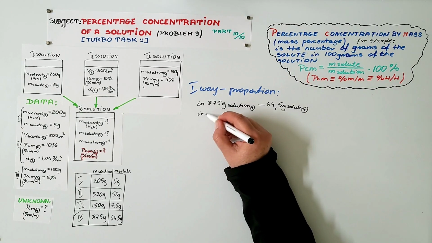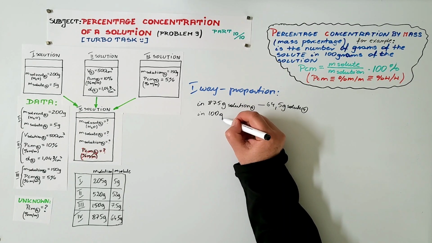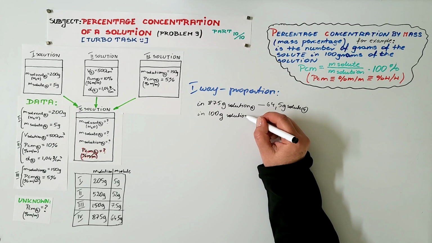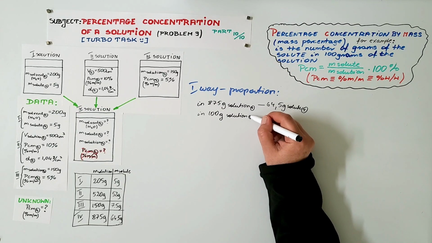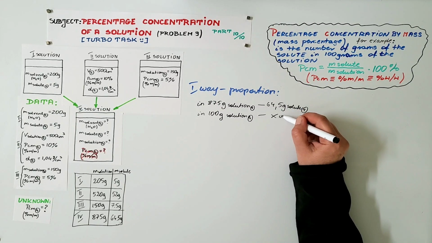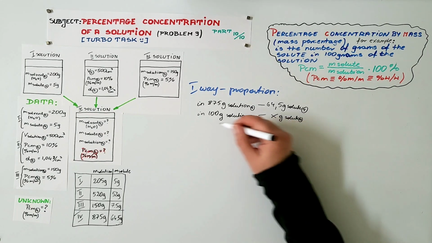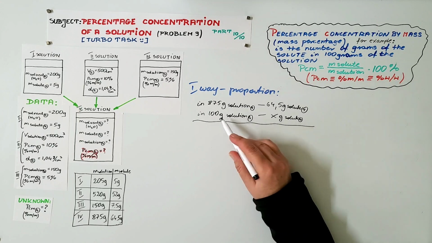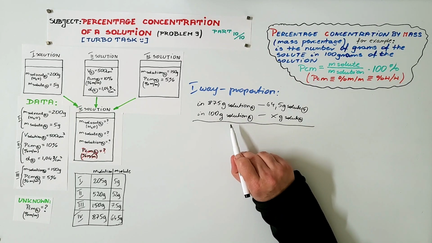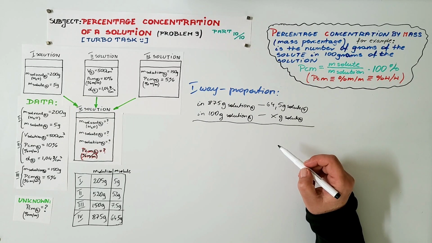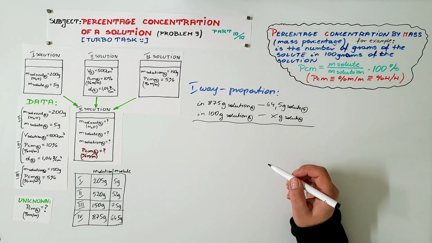So in 100 grams of solution 4, there is X grams of solute 4. Once again, why 100 grams of solution? Because percentage concentration by mass is the number of grams of the solute in 100 grams of solution.